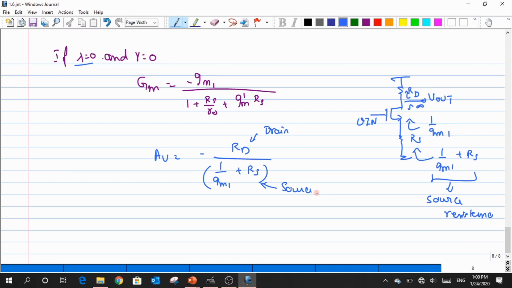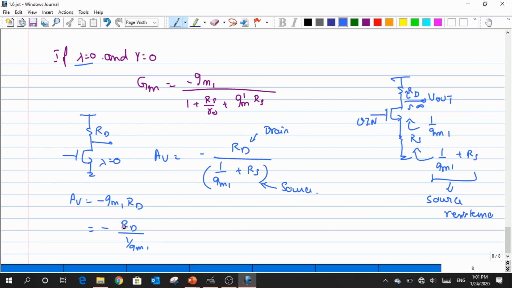Okay, so one could even apply the same concept even for this circuit. Assume lambda equal to 0. What is the gain of this circuitry? Minus GM1 into RD. So how can I rewrite this? RD divided by 1 upon GM1.